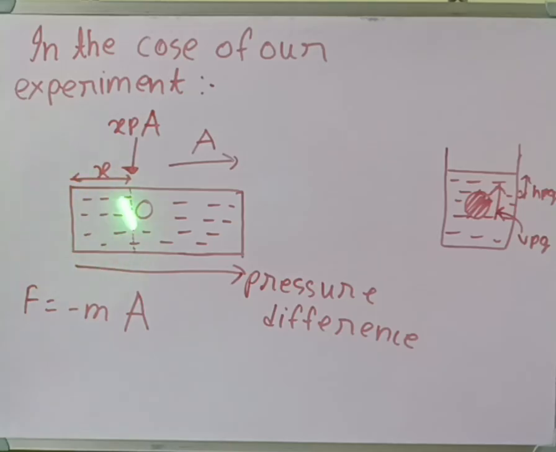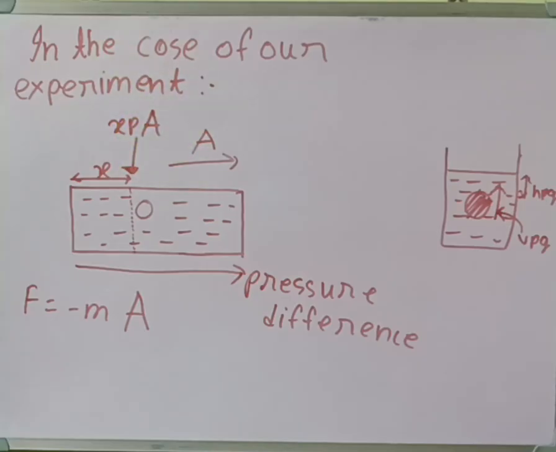So from this starting point, if I go some distance x, and at this distance x I want to measure the pressure difference, then it will be simple: x into rho into a. Now why x into rho into a? First of all, this x is similar to this h, just the distance. Rho is simply the density of water.